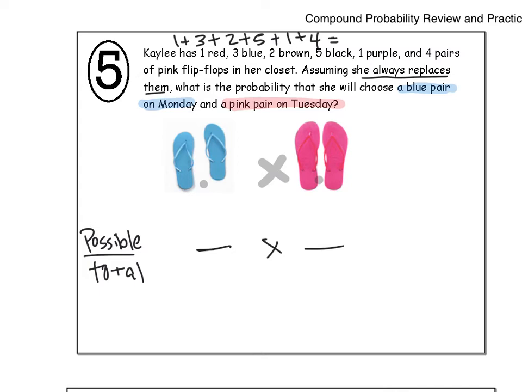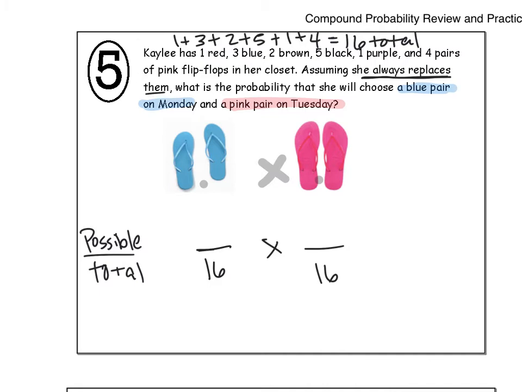When you add all those up, you're going to get 16 total pairs of flip-flops. And since she is always replacing her pairs, we're going to have 16 total pairs on both days, because she's going to take that blue pair, put them back on Monday night when she gets home from school, and then on Tuesday, she's got 16 pairs again.